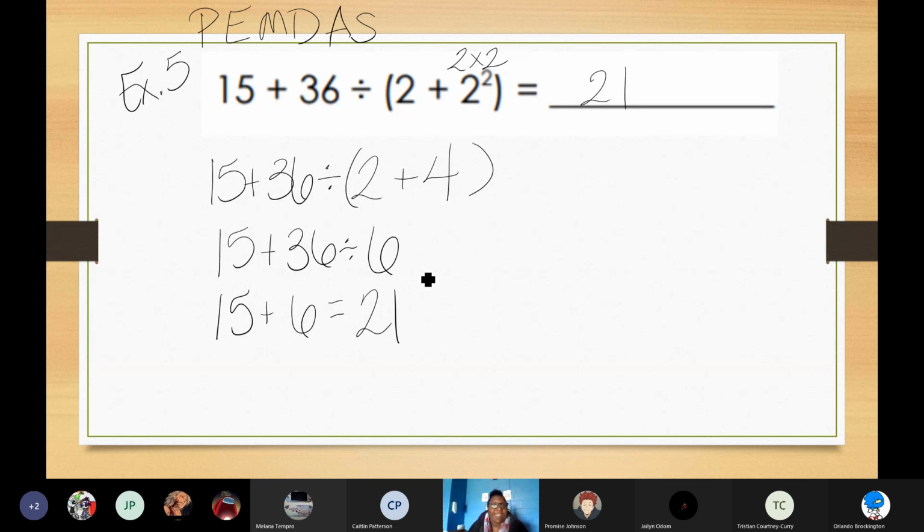This is the same problem from the last slide. I just was able to write down the steps a little bit more clearly. Any questions here? Ms. Neville, where did you get the? Why did you do? Any of those kinds of questions you want to ask them, please.